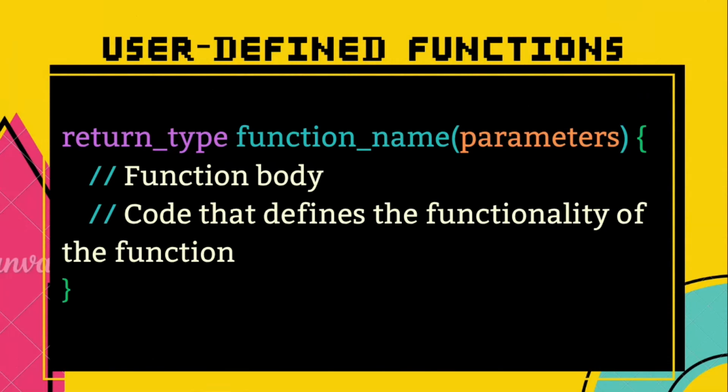This is the general syntax for defining a function in C. Return type, which are data types, function name, then inside parentheses parameters, then inside curly braces, you have to include your main code.